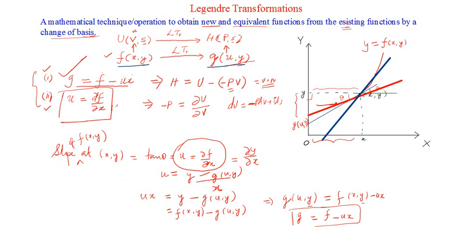So the conclusion is like this: f and g can be equivalent functions. Whatever information is hidden in the original function will be available in the new equivalent function obtained by Legendre transformation through the slope relationship. And that is one reason why we have been using this relationship.